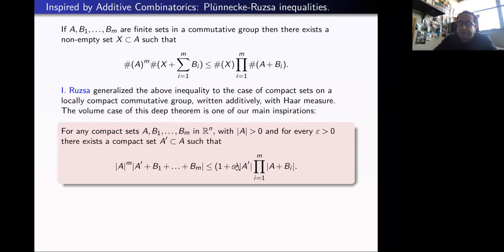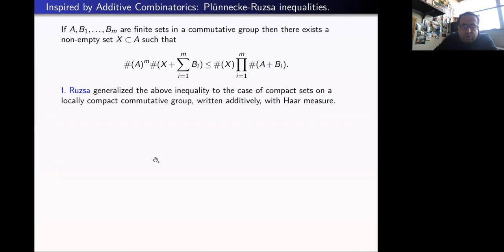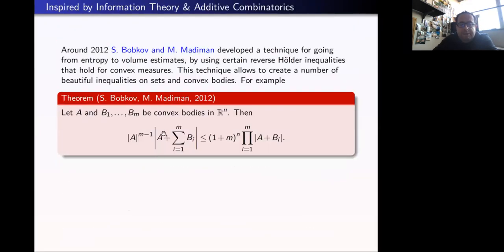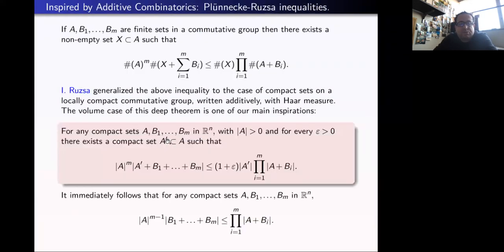Notice there is no constant, but there is this thing for every epsilon, which spoils our fun because A prime may become smaller and smaller, so I cannot simply get what I wanted before. But if I'm ready to remove this A before the big sum, from the Bobkov-Madiman inequality, then there is nothing to do. It's already proved by Ruzsa.